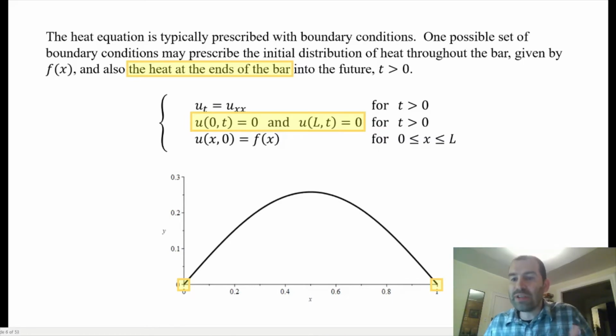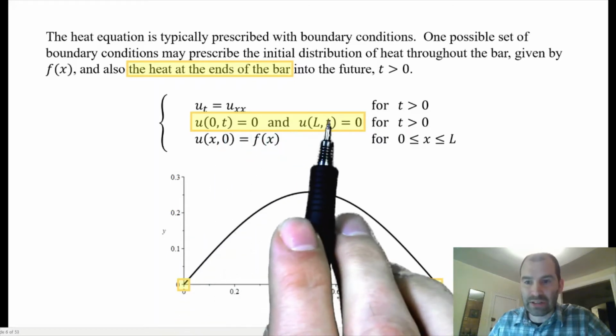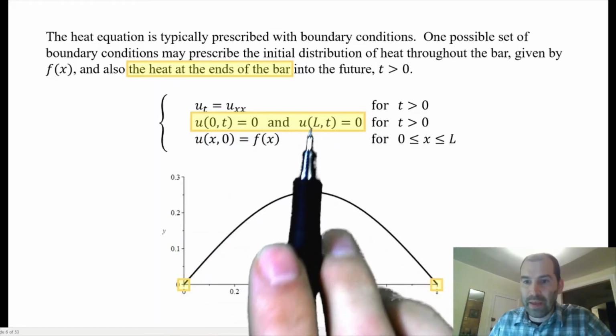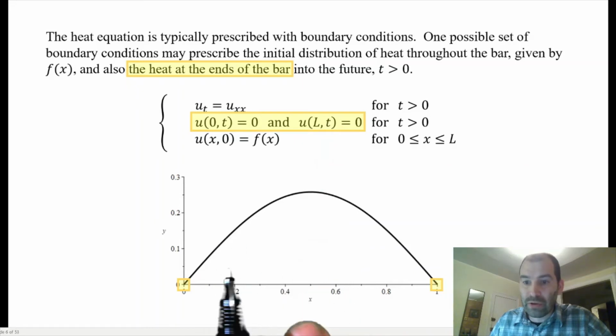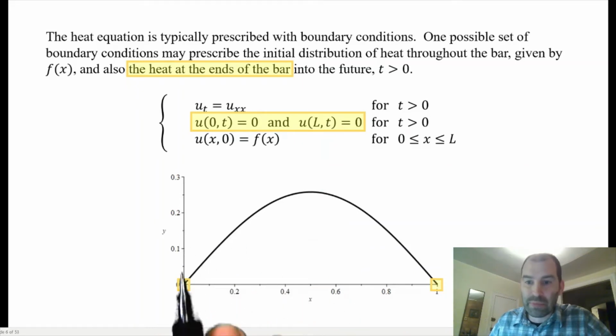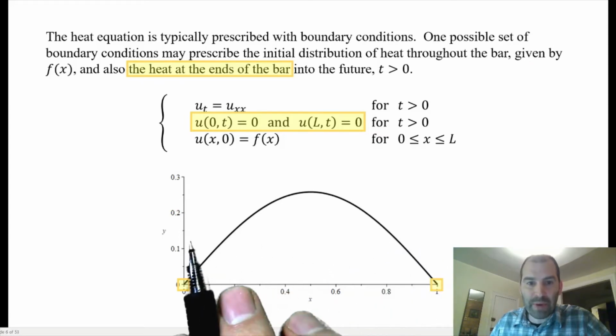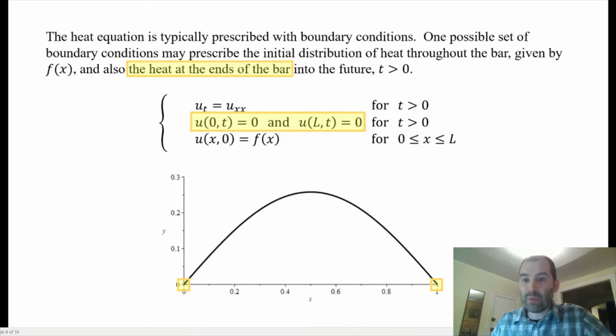This is not the only setup for the heat equation. We could specify different boundary conditions. One thing you could do is just have these boundary conditions be free, so that you aren't specifying anything in particular. You could also specify that the heat has to match up on both sides of the bar. Now, why would you do that? Well, that's what you would do if you were measuring the bar as actually a loop.